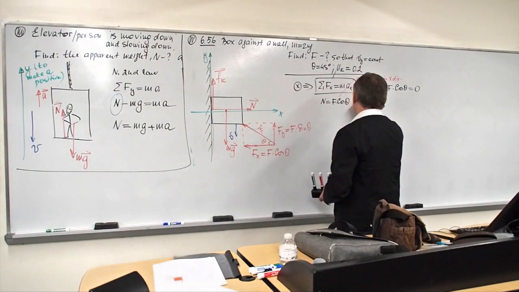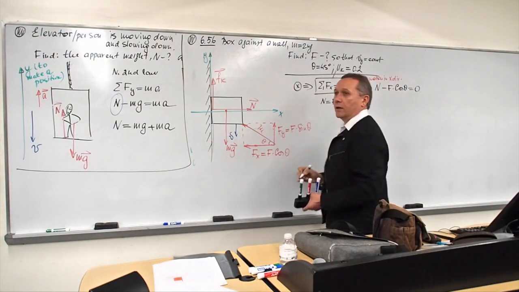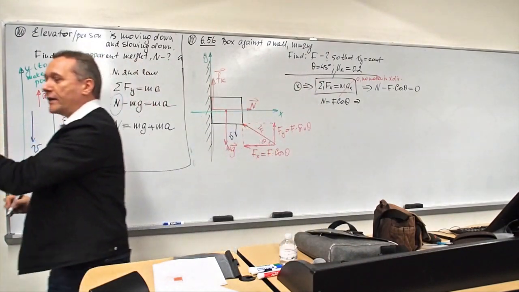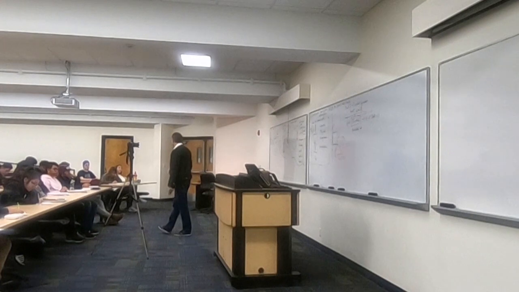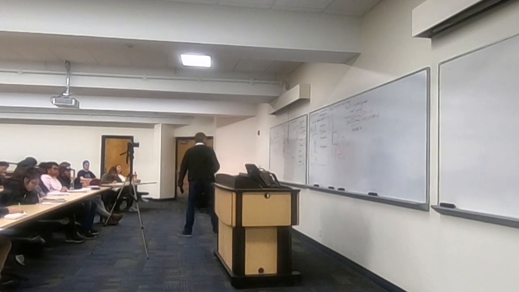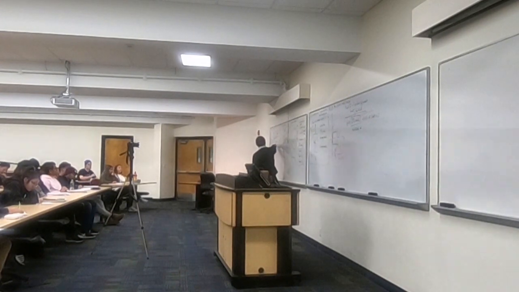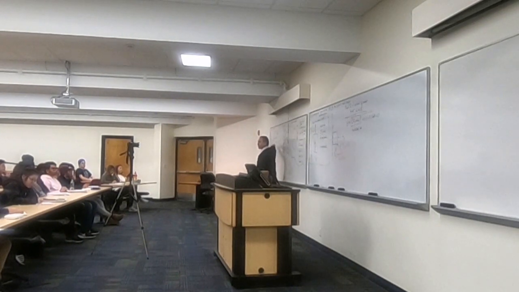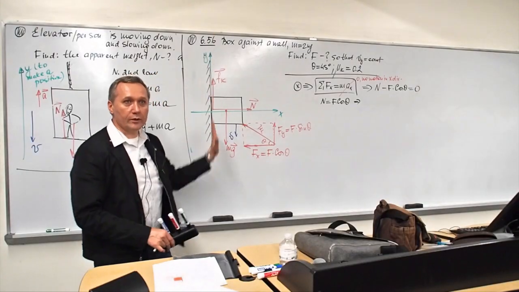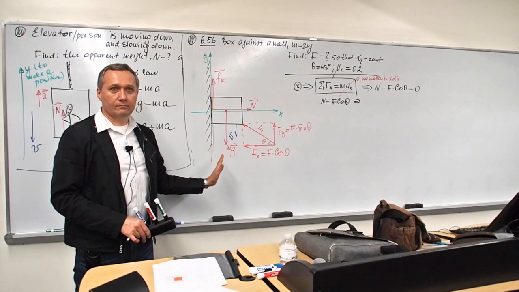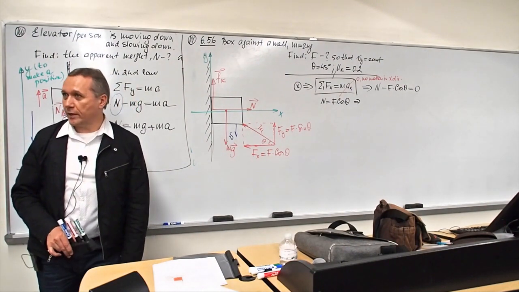So then, as a result, can we find the kinetic friction force now? Yes, now we can find kinetic friction force, mu k times N. That's why I started with the x direction, so I can find the kinetic friction force, which I need to write down Newton's second law in the y direction.